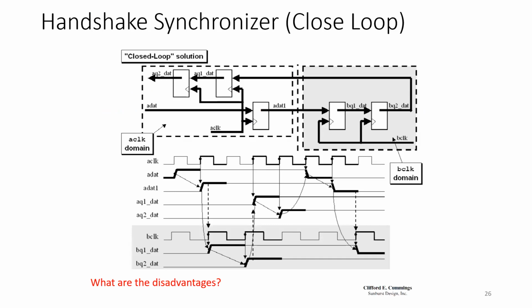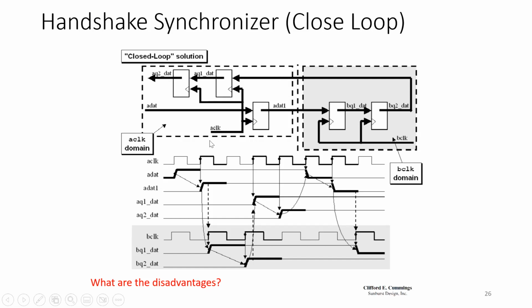Now we go to a closed loop scheme. In this closed loop scheme, we are starting with what is called the handshaking scheme. In this one, we are going through several steps. First of all, what do we have in here? I have a system that is working with a clock.